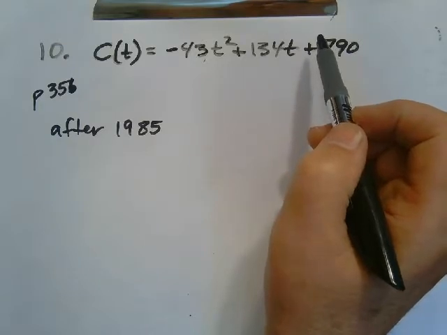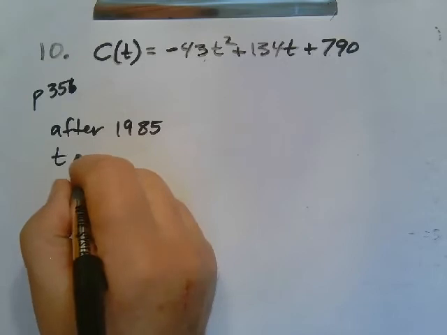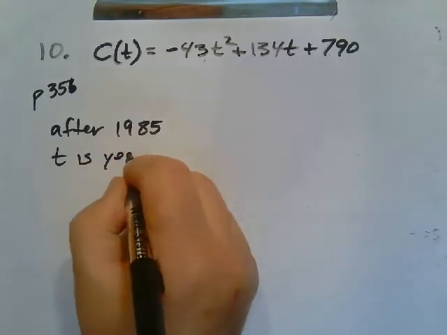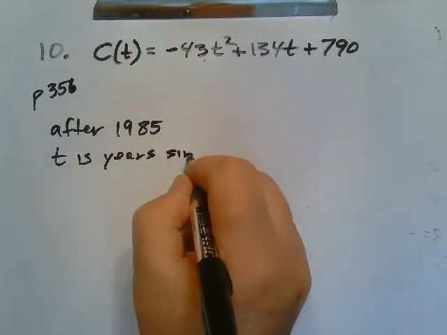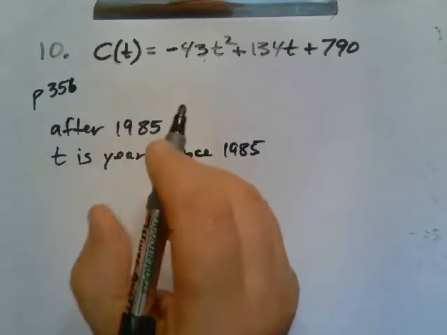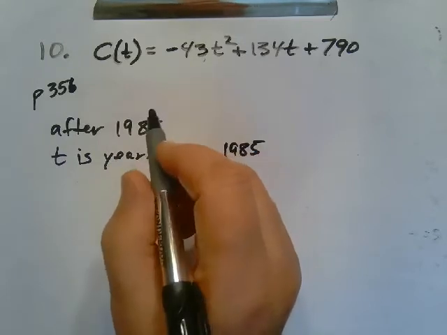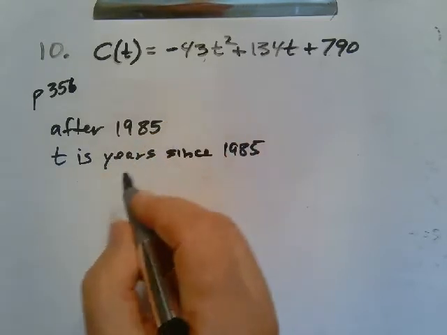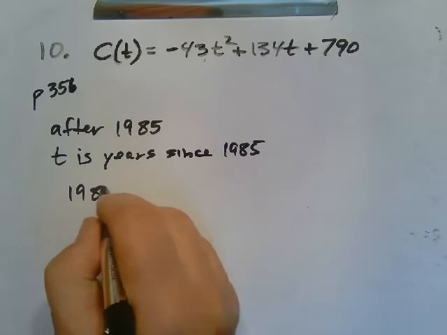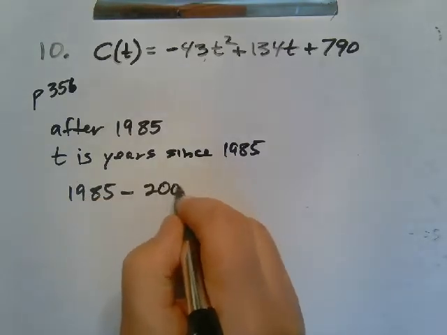where t represents the number of years since 1985. You'll remember what to do with that here in a second, okay? Question 10 is asking, graph the equation for the years 1985 through the year 2005.